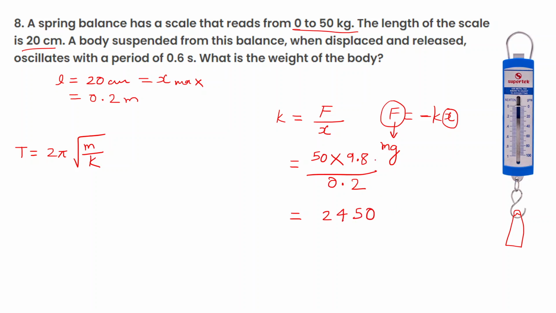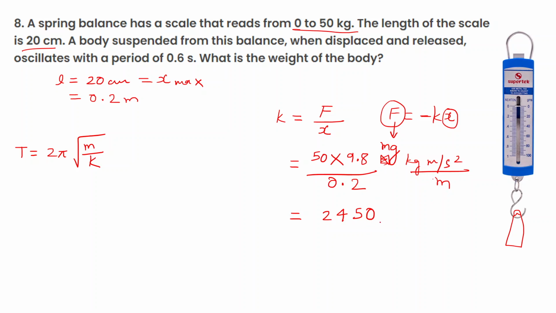This is in Newton. Oh, sorry, this is kg meter per second square. Yeah, so this is a kg meter per second square, and 0.2 is displacement, that is meters. This is kg per second square, restoring force.